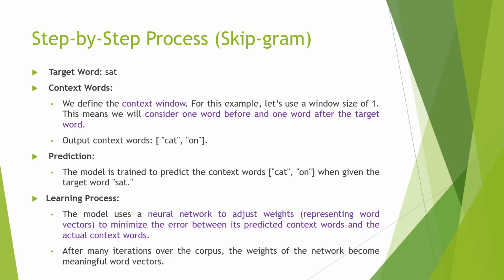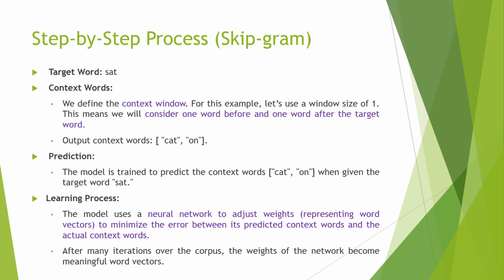The learning process uses a neural network model. We apply the backpropagation technique and stochastic gradient descent to predict the target word vectors and to adjust the weights. If the error is large while predicting the context words for the actual words, it will try to reduce the error.